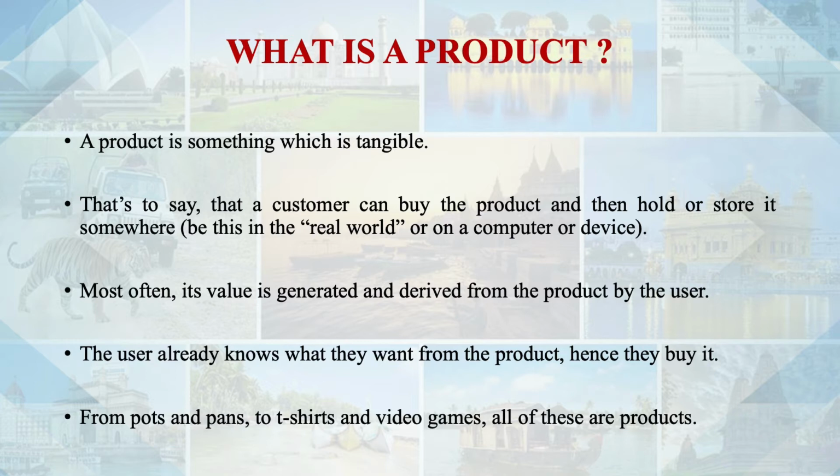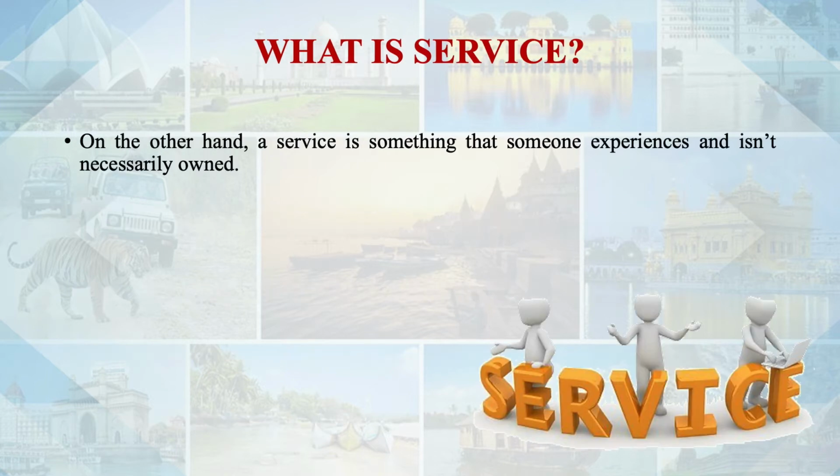Next, what do we mean by service? A service is something that someone experiences and is not necessarily owned by them. For example, healthcare services or streaming platforms such as Netflix, Spotify and Audible.